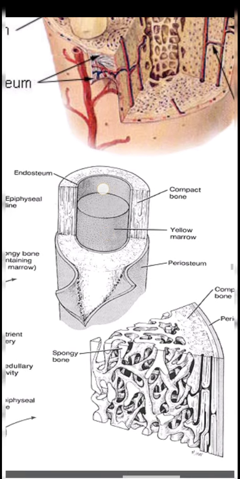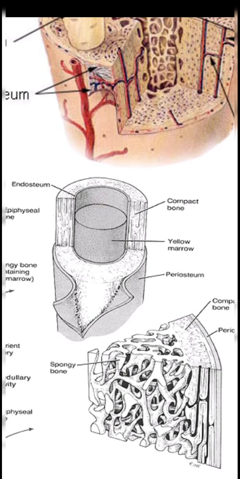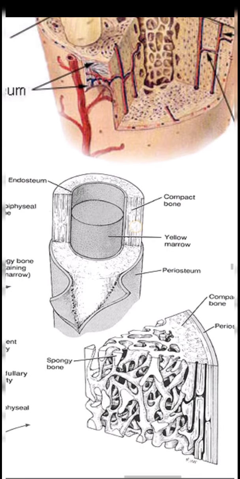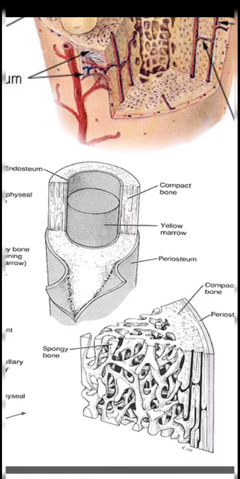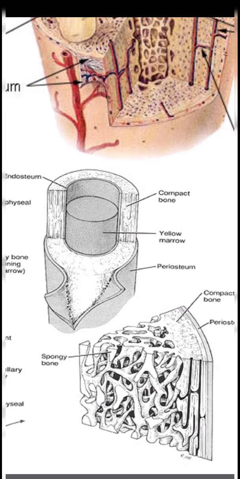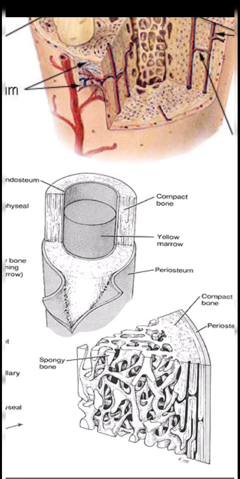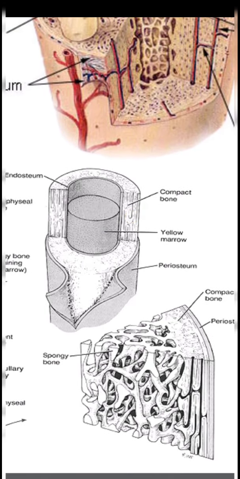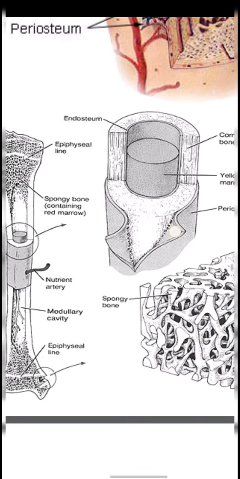Then there is a layer that surrounds the marrow, that is endosteum. Then there is the bony structure, in the form of multiple layers stacked against each other. This is compact bone. And then there is the outer layer, which is periosteum.